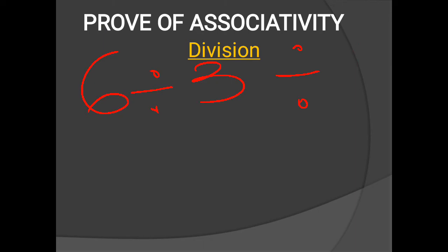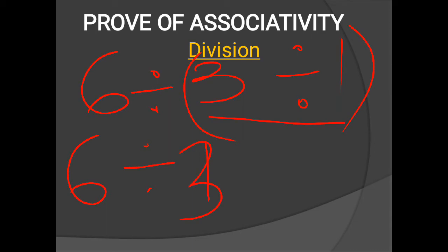Next one, we group the last two. So we repeat our 6. 6 divided by the bracket, 3 divided by 1, is 3. Now we have 6 divided by 3, and that will give us 2.